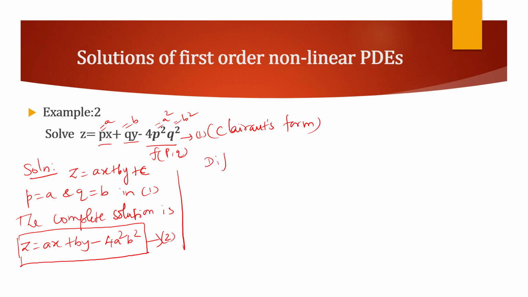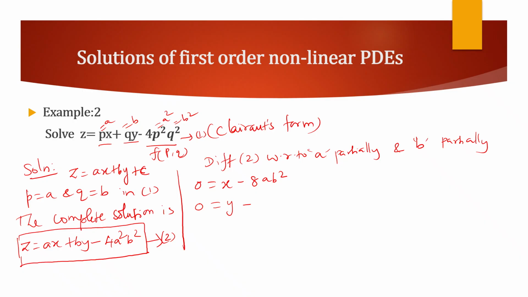So now differentiation of 2 with respect to a partially, we get 0 is equal to x minus 8ab square, and with respect to b partially we get 0 is equal to, here the first term is 0, and differentiation of the second with respect to b partially it is y minus differentiation of the third term with respect to b, it is minus 8a square b.